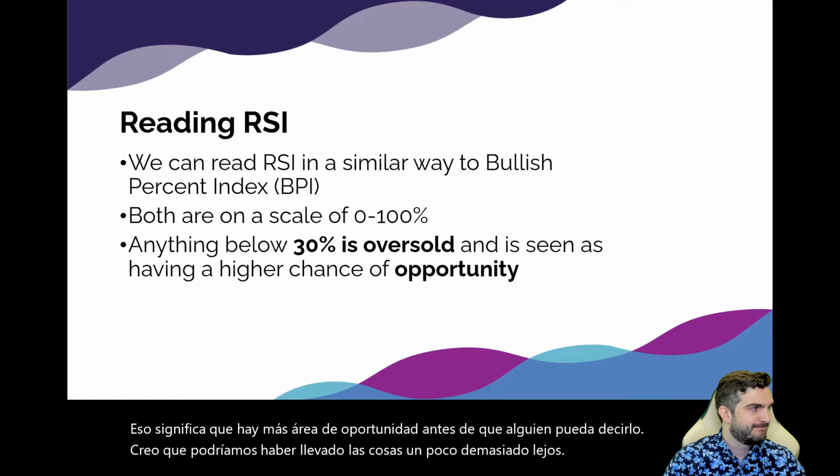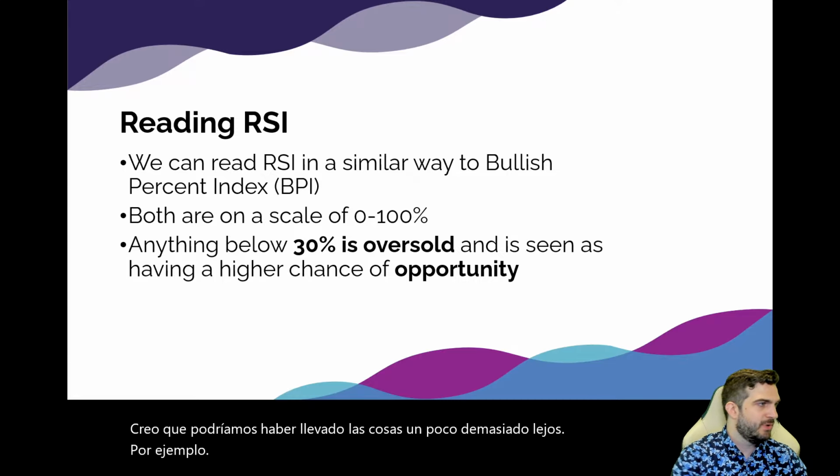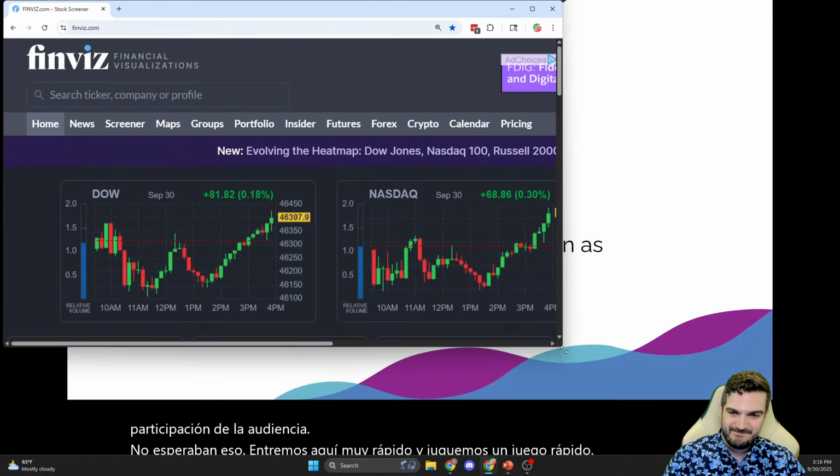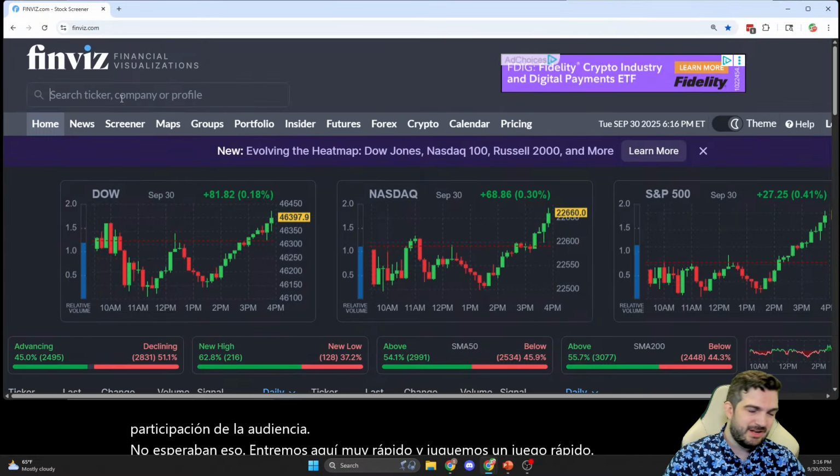For example, if we go in and look at two different companies, by the way, audience participation time, bet you weren't expecting that. Let's go in here really quick and play a quick game. Let's look at NVIDIA. Here's its stock price.